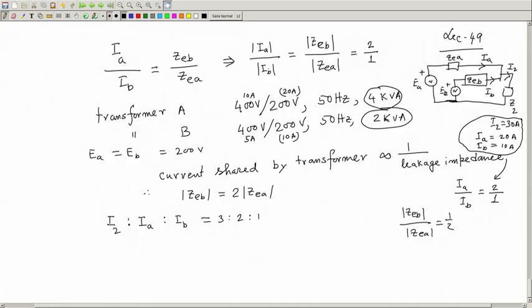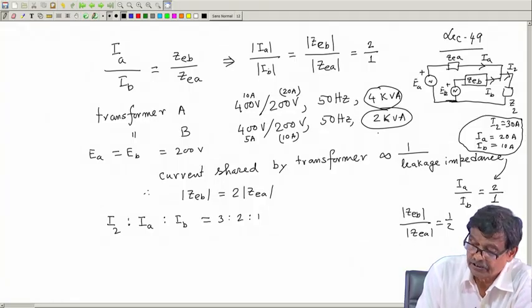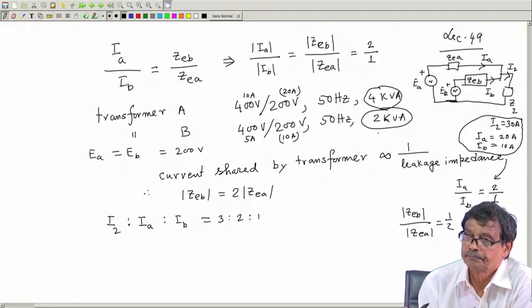Therefore, I should now add another important point, that is, if you want to have meaningful parallel operation of transformers, then voltage ratings must be the same, kVA ratings may be different. But I will demand that the transformer leakage impedance should be inversely proportional to their kVAs.